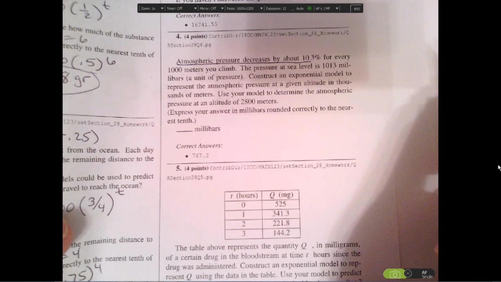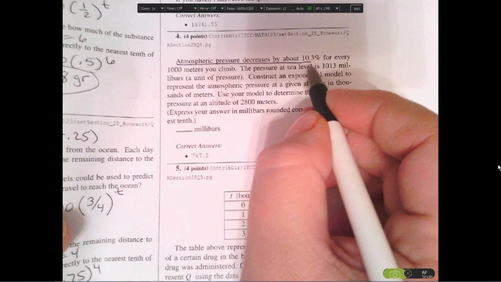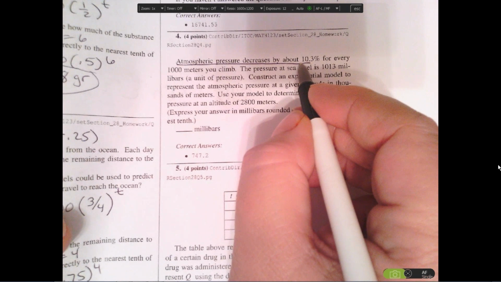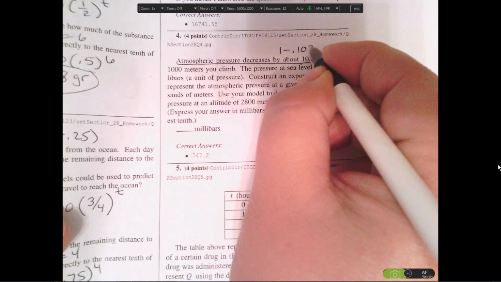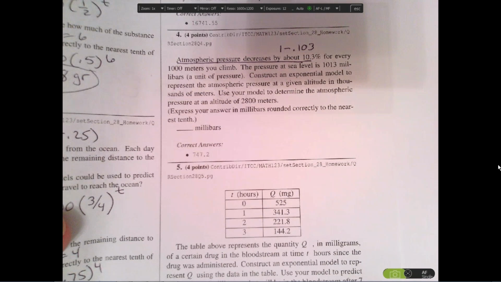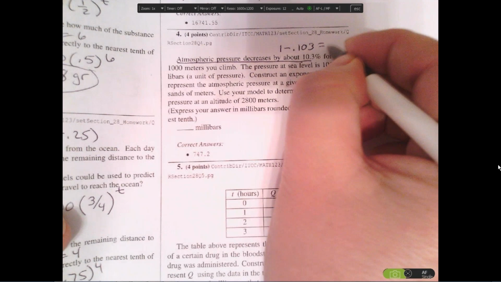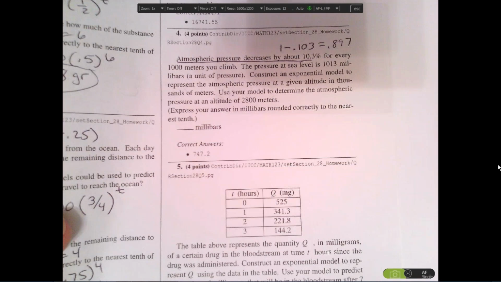Atmospheric pressure decreases by 10.3%. That's not a hard part. That's showing you it's exponential and it's a decay, so it's 1 minus 0.103, which will be 0.897. This is the part that gets them.